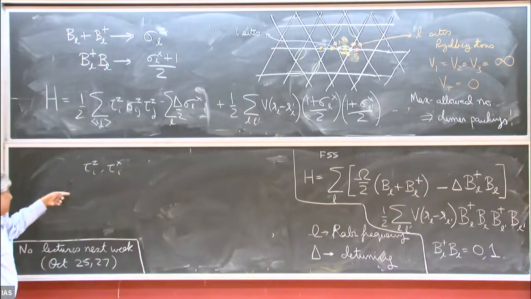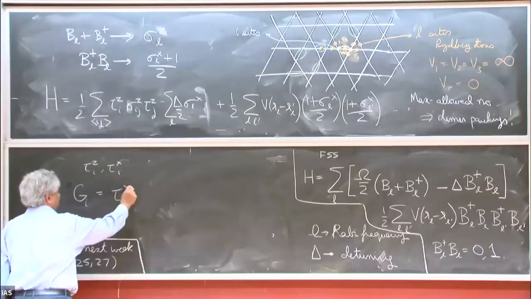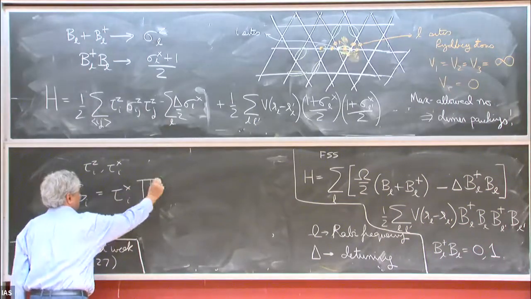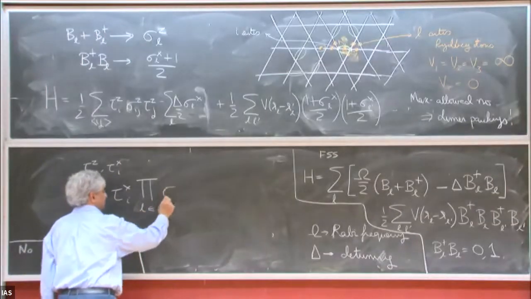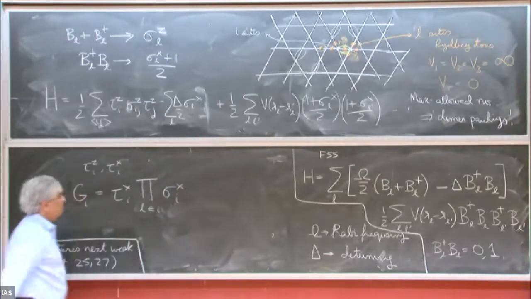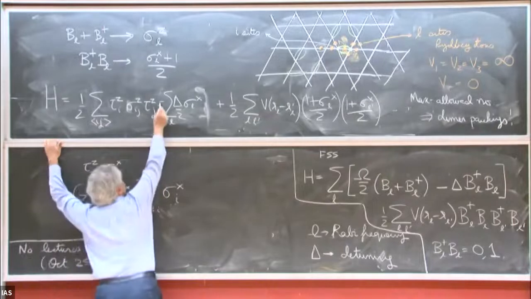And now you can see that there's an operator that commutes with this Hamiltonian. Define G i as tau x i times the product over links next to i of sigma x. Oops, there's a minus sign there.